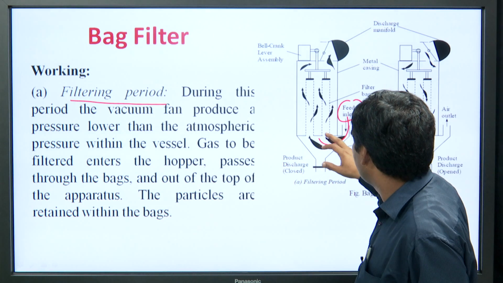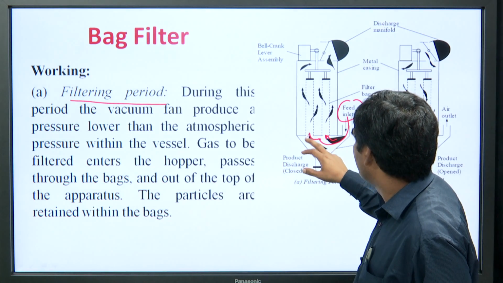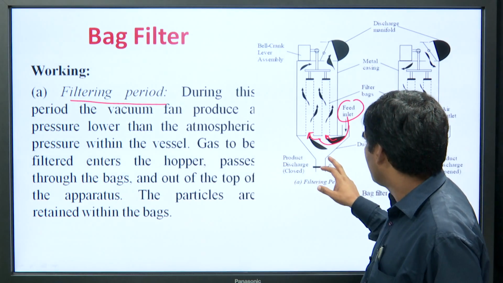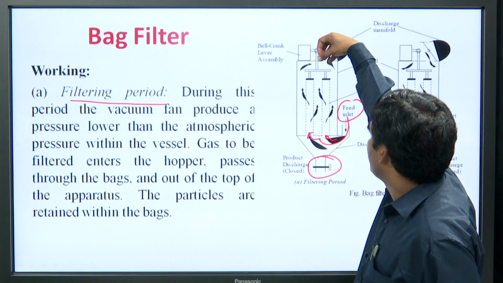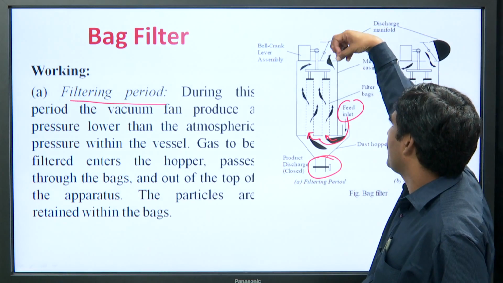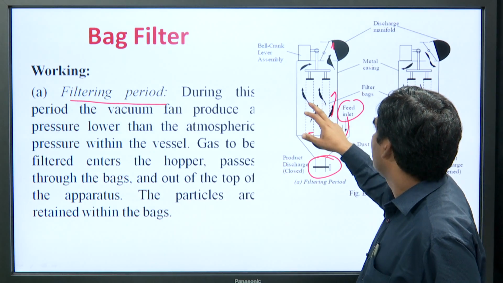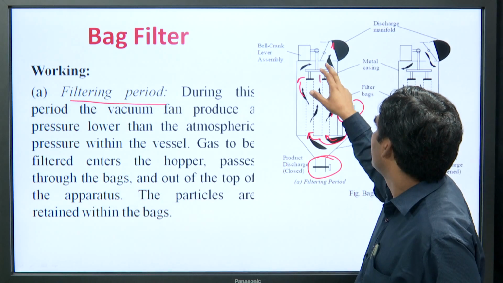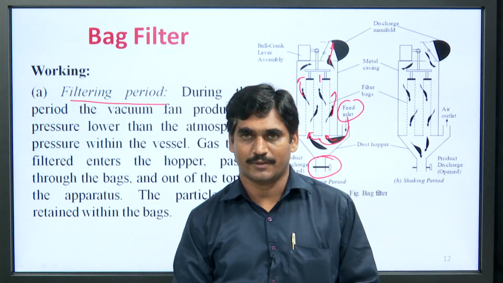At first the particles enter into this bag filter, and the product discharge chamber is closed. In this case, suction is applied from the top into this bag assembly and the particles come out of the bag, move in an upward direction and are collected there only.